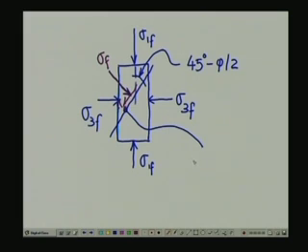Then the relationship between tau f and sigma f is going to be tau f is equal to sigma f tan phi plus c.